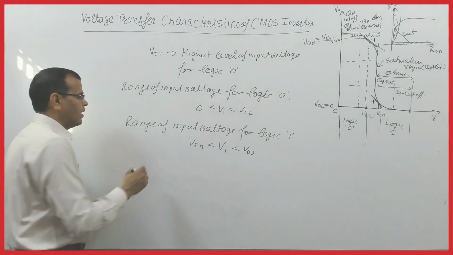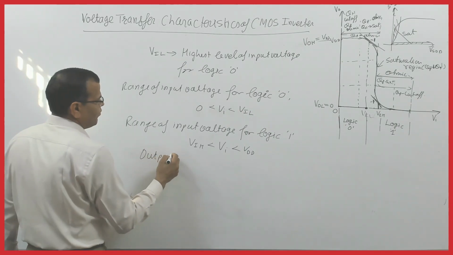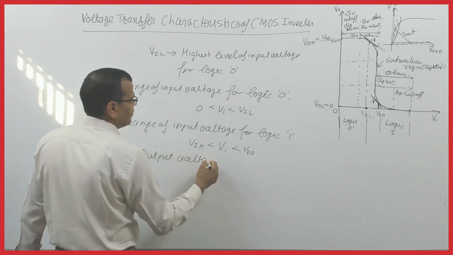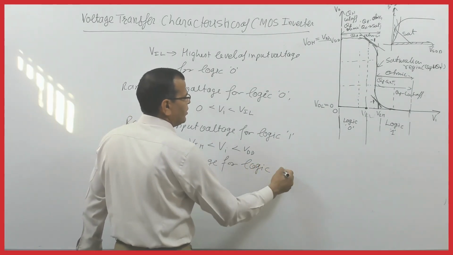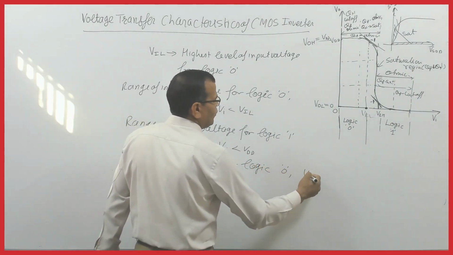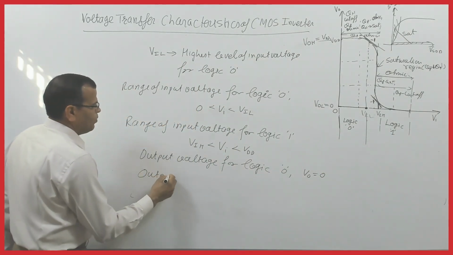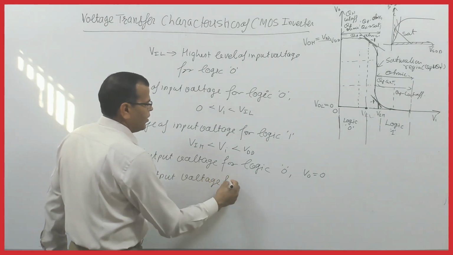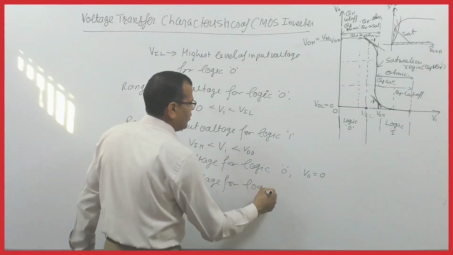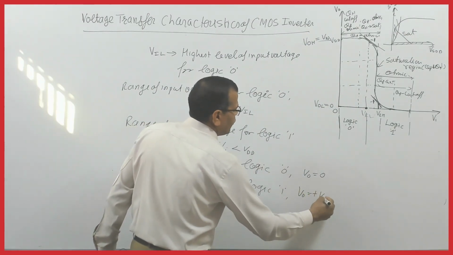Fine. Now output voltage for logic 0, that is V output is equal to 0. Then output voltage for logic 1, that is V naught is equal to plus VDD.